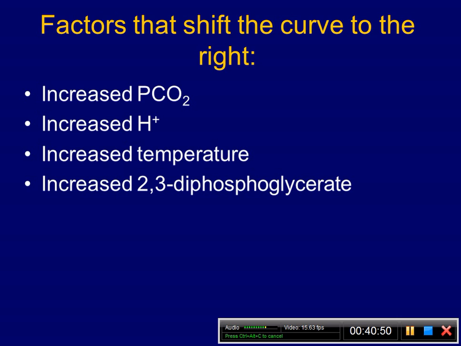Right, and then the next one, increased temperature. When you're metabolizing the muscle, what happens to its temperature? It goes up, remember? 75% of it's used as heat. If you're not moving it and you're metabolizing, it's 100% heat, remember? So in other words, the way you remember those first three things is that all three happen when you're exercising, right? You increase the CO2 in the muscle, you increase the acid in the muscle, you increase the temperature in the muscle.